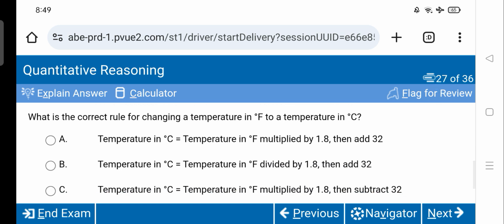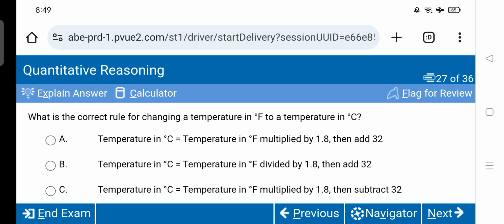Option A, temperature in centigrade equals temperature in Fahrenheit multiplied by 1.8, then add 32. Option B, temperature in centigrade equals temperature in Fahrenheit divided by 1.8, then add 32.